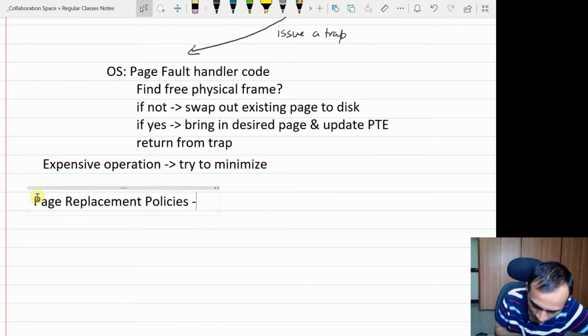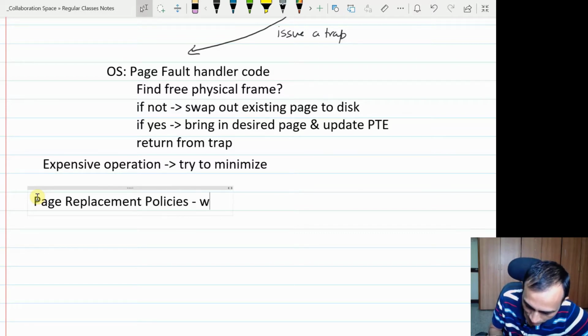So that is going to be our discussion in the next class. I'm just going to talk for maybe 2 minutes on this. The main focus of these policies is that whenever the OS needs to kick out a page, it has to find which page to kick out.